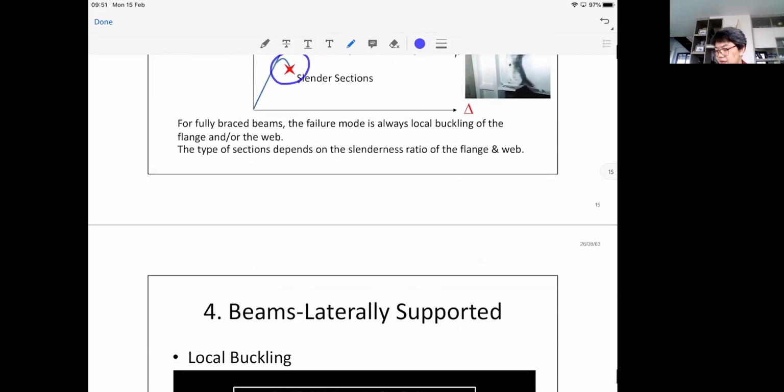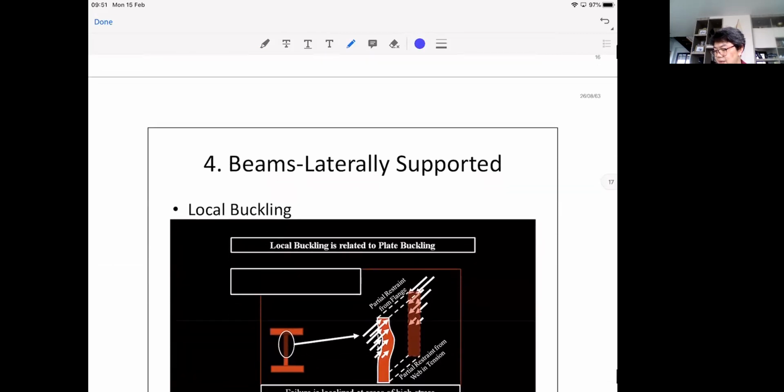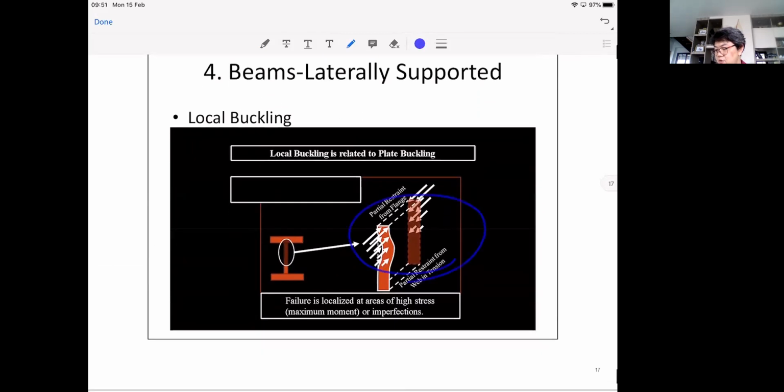And we have mentioned this, that the flange can buckle locally like this under bending moment, and likewise the web. But you just sort of have in mind that for hot roll, web is always compact.